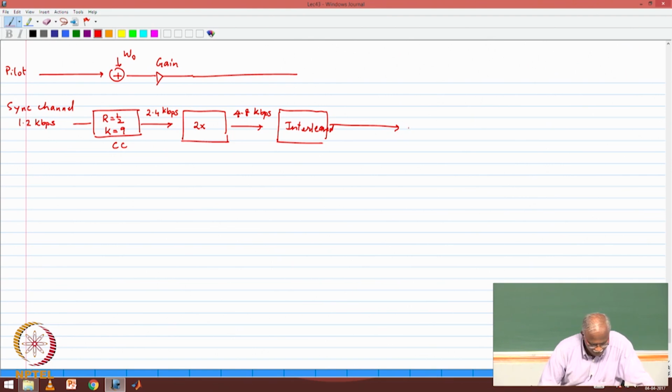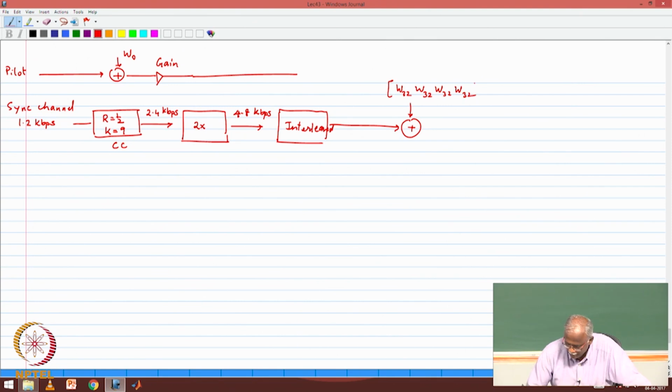Now we have to apply the spreading code W32. Each bit will get multiplied by a 64 length sequence, but the actual way it is done is you repeat that 64 length sequence 4 times: W32, W32, W32, W32.